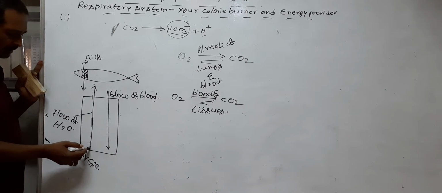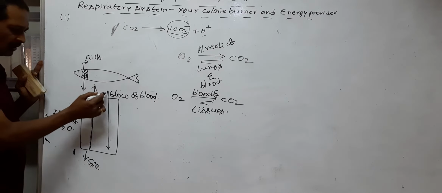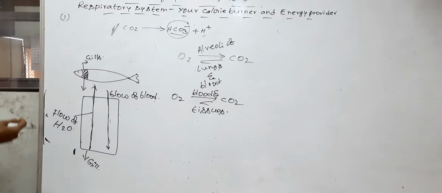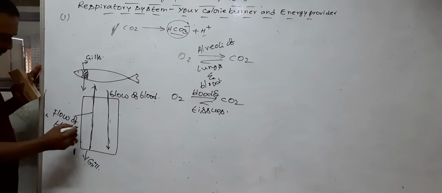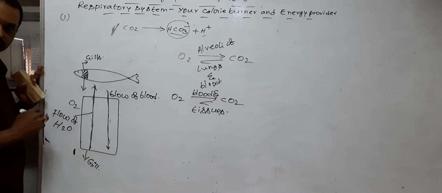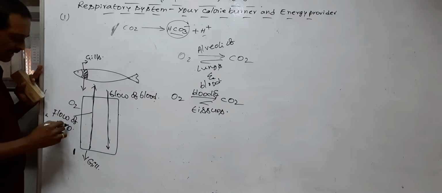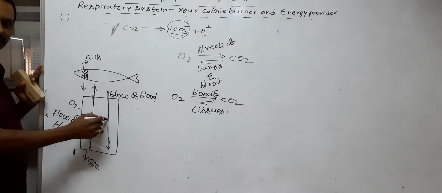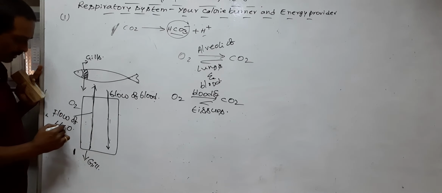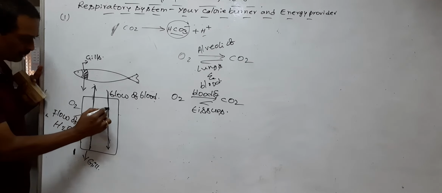For example, water flows in this direction, blood flows in this direction, both are opposite direction. Here water contains O2. So the concentration of O2 is high in the water than blood. So the oxygen from the water diffuses into blood.